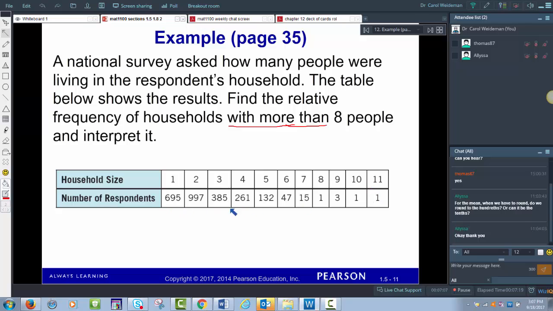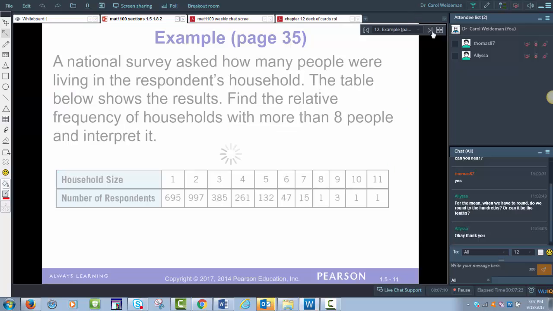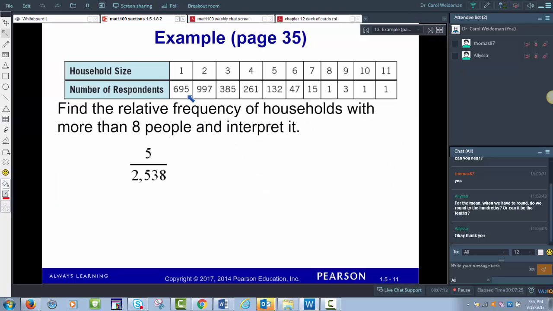All right, and you also need to have the total in the table, which I don't think they gave you. So to get the total, you add up the numbers down here for the denominator. That's the total number of people that responded, 2538. And how many of those had more than 8 in their household? 3 plus 1 plus 1, 5 over 2538.